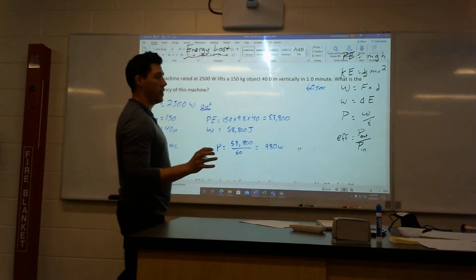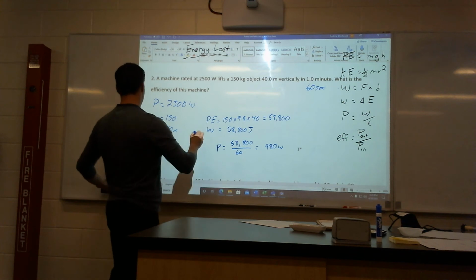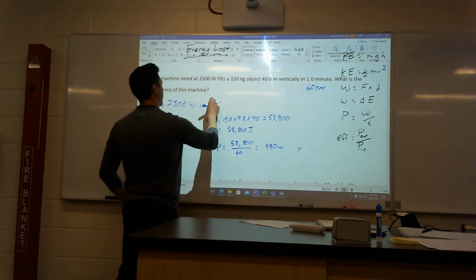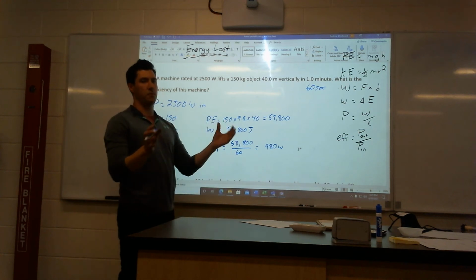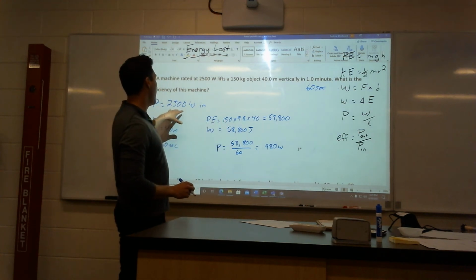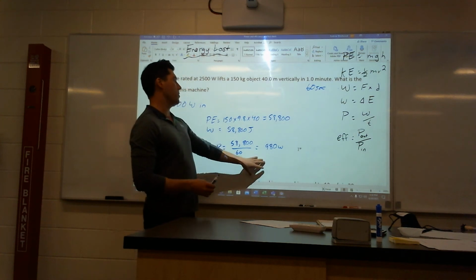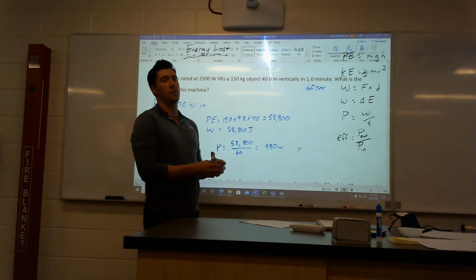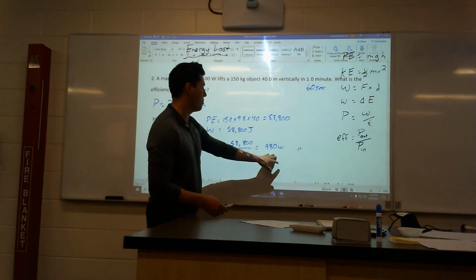Okay. Now I think I just made a little mistake here. We're going to turn this to our input. The input to the machine is what the machine is rated for. The output is what actually happens. So my mistake. The power input is how much power the actual machine puts in. The output is what actually happens, what happens in front of you. So we have our power input, we have our power output.